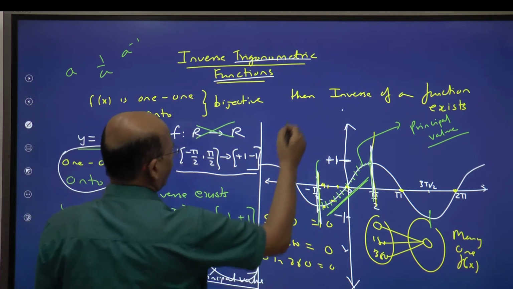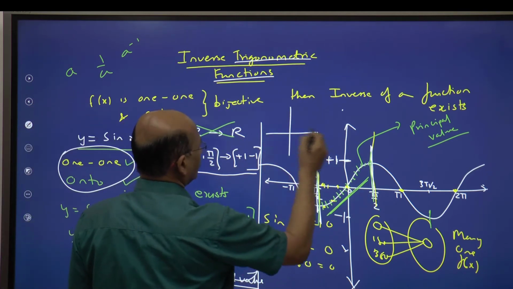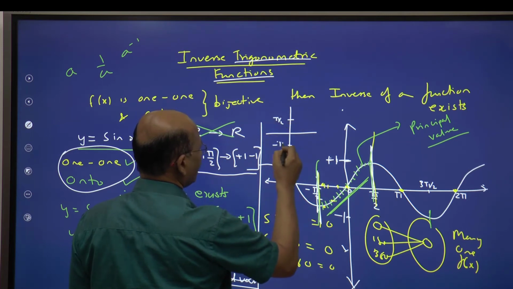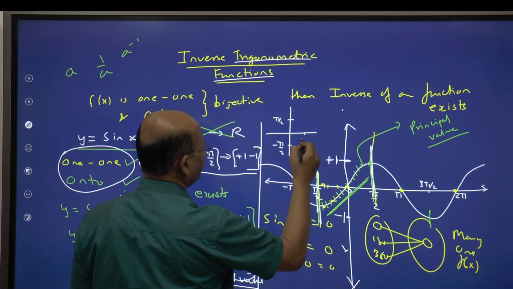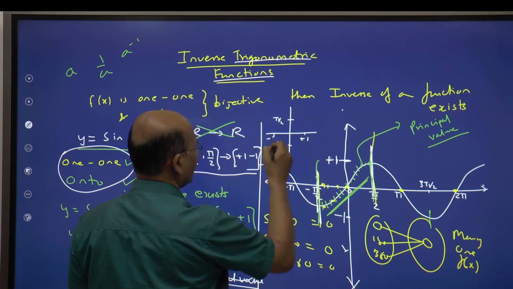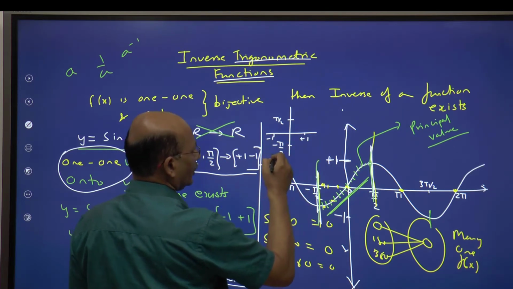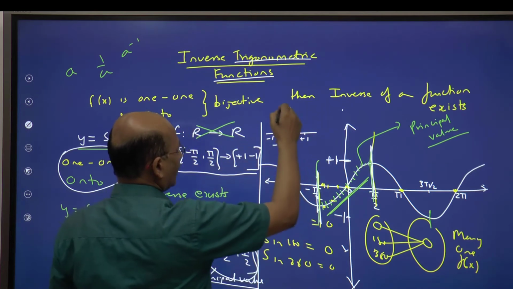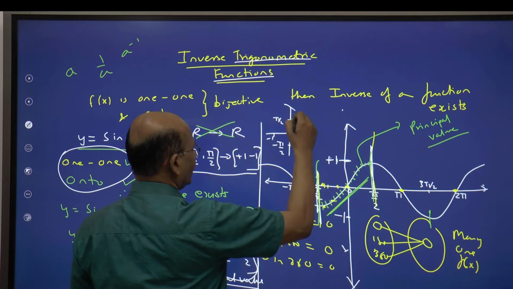So if you want to specifically work it out, this will be pi by 2 and this will become minus pi by 2. This will become plus 1 and this will become minus 1. Now see, this will become like this.